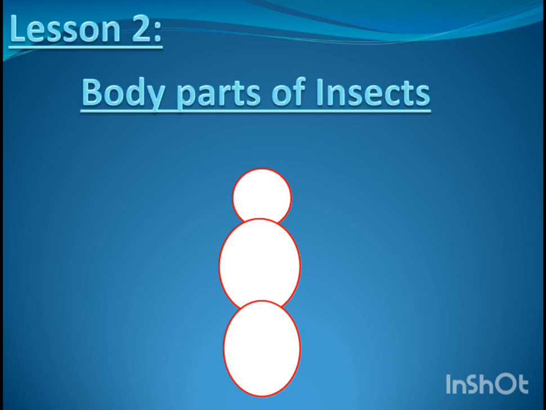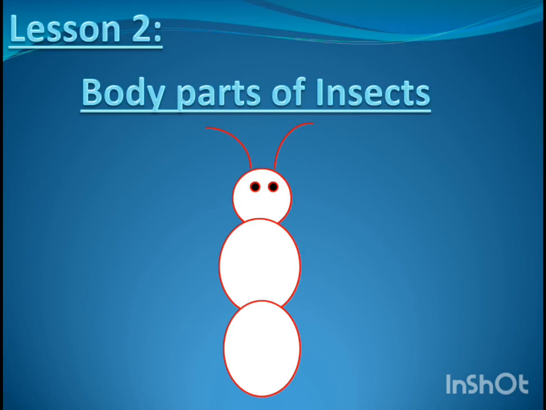So for the head you have eyes and you have antenna. Eyes help the insects to see what is there ahead. How we use our eyes, in the same way the insects also use their eyes.